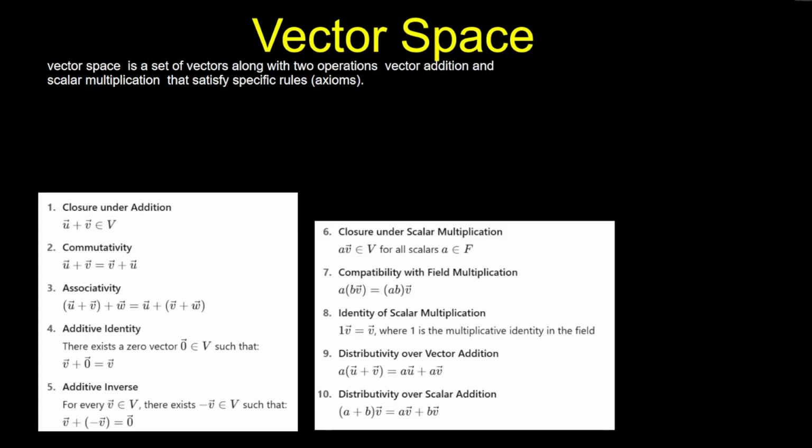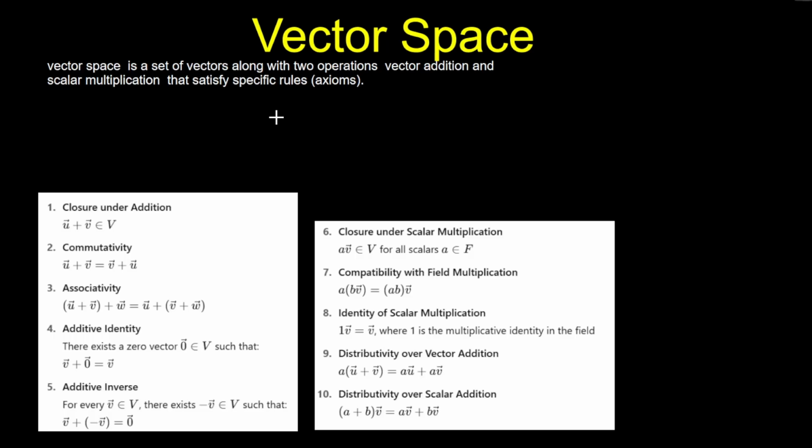So let's talk about vector space. Vector space is a set of vectors along with 2 operations, vector addition and scalar multiplication. And they follow certain rules or axioms which are present here. Think of vector space like a playground.